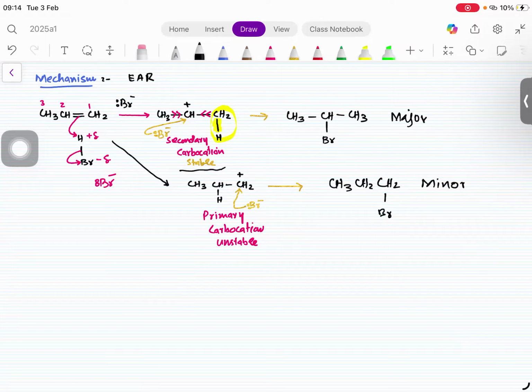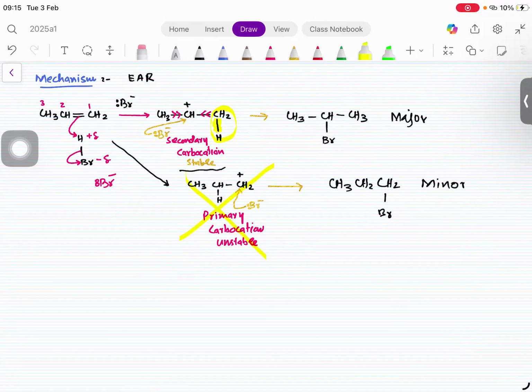As the primary carbocation is unstable, there are very, very few chances for it to exist and convert in the second step to a haloalkane. Therefore, I can say that this is effectively gone here. So it can't go to the next step, right?